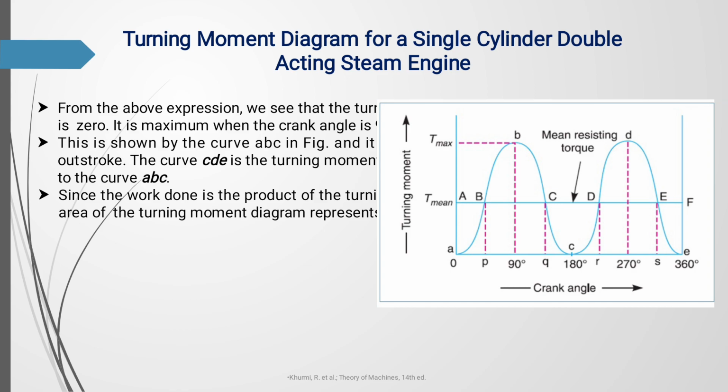You just watch the line T mean across A B C D E F, which represents the mean torque line. So this is the full explanation of the turning moment diagram of a single cylinder double acting steam engine. When we go to the problem, it will be further clarified.